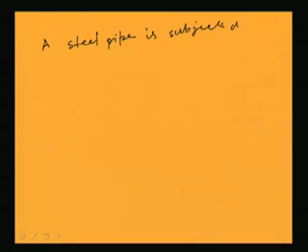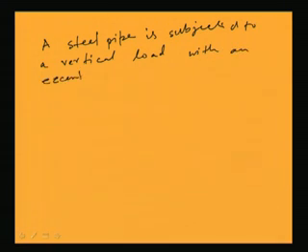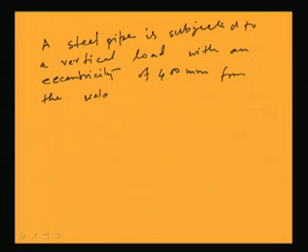That is, say a steel pipe is subjected to a vertical load with an eccentricity of 400 mm from the welded end as shown in the figure.